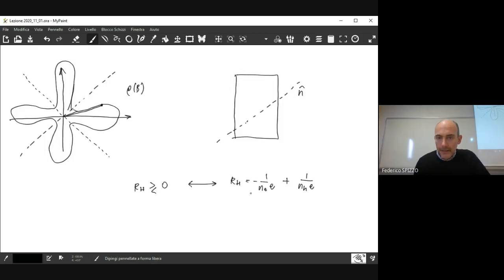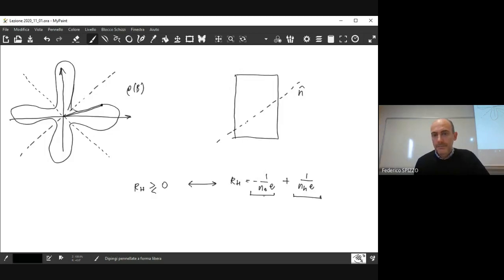So these two parts here are not always there, but may be there in case you have different bands, and for one band, for instance, it's easier to consider the electron contribution, and for the other band it's easier to consider the hole contribution. So in this picture, you may justify the fact that the Hall coefficient may change sign depending on the system you are considering.